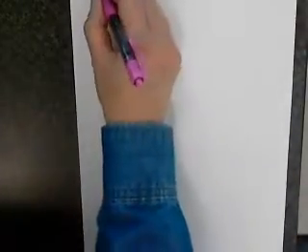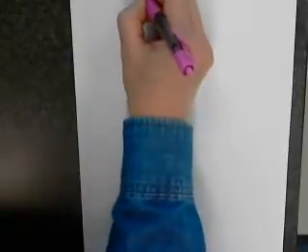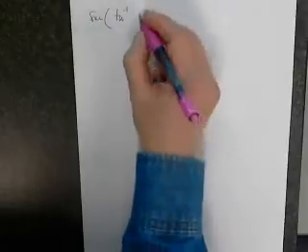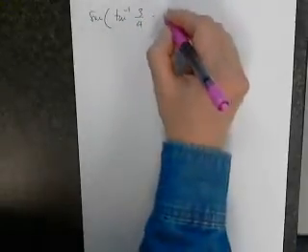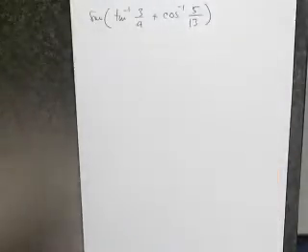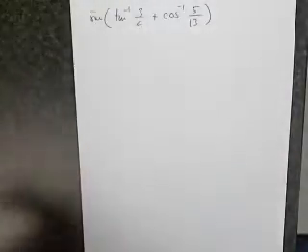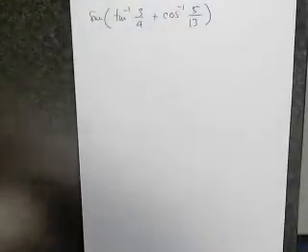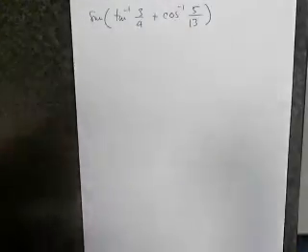Problem 68 on page 531: sine of tangent inverse of 3/4 plus cosine inverse of 5 over 13. How do I address this? Excellent.